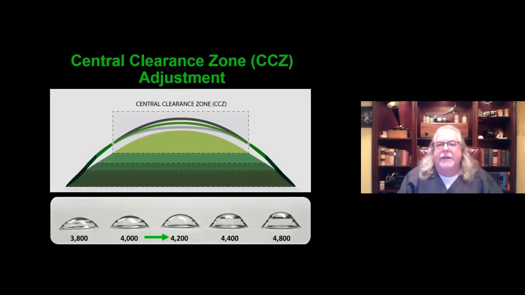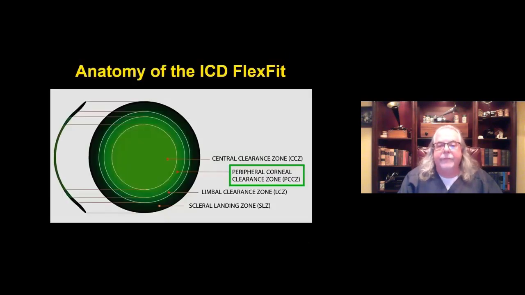Now we're going to adjust the height of that central radius of curvature by increasing or decreasing the sagittal depth of that diagnostic lens. And once again, with optic section, it's so easy to get an estimation of the amount of clearance you have in the central cornea. It's very, very clear which direction you'll need to go.